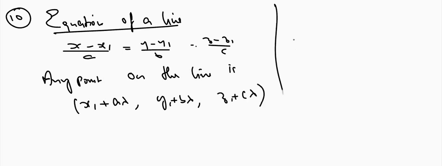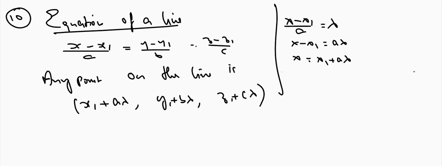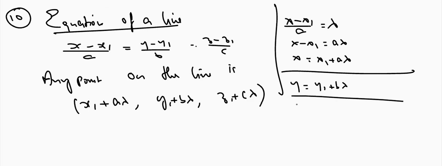We can find this when (x minus x1) by a equals lambda, then we get x minus x1 equals a lambda, x equals x1 plus a lambda. Similarly, y equals y1 plus b lambda, and z equals z1 plus c lambda. This is a general point on a line.